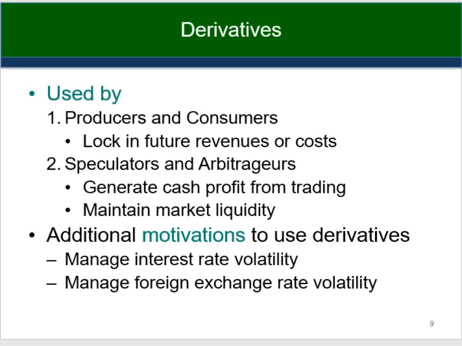There may be other motivations to use derivatives. Management may want to reduce the amount of interest rate volatility, especially if they have a lot of debt outstanding. They may want to manage volatility in their foreign exchange transactions as well. So you want to be able to predict it in advance and know what your price actually will be, so that you can model your production function to meet that price.